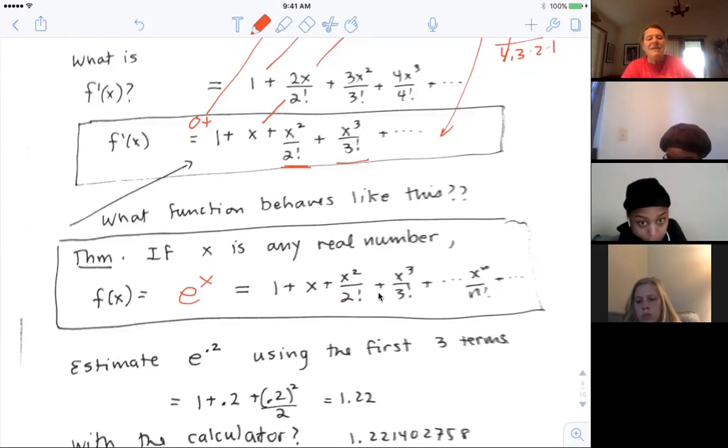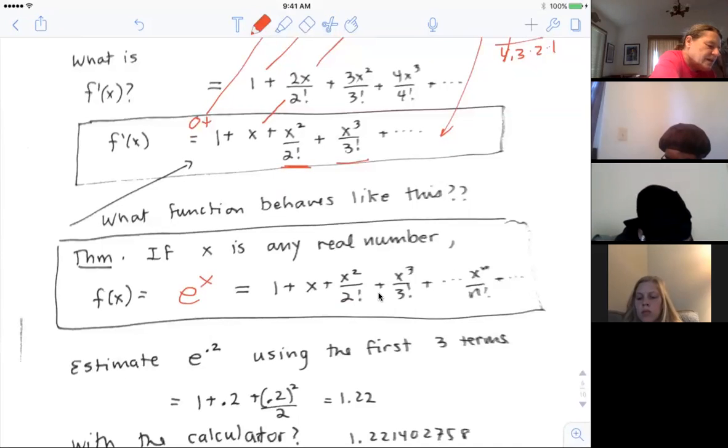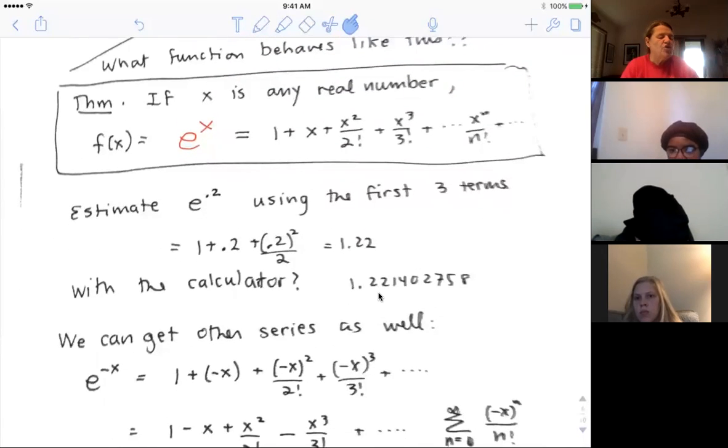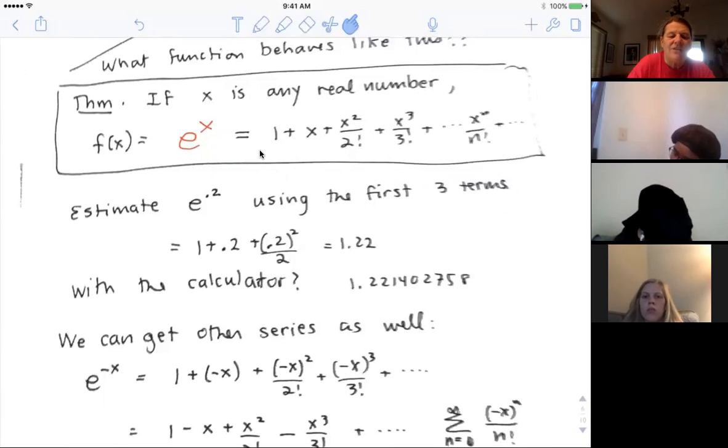Now, pull out your calculator for a minute. Suppose I said I want to estimate e to the 0.2 using the first 3 terms of that series. By the way, I'm going to show you in a minute where this converges. We're going to use a power series ratio test to show you where it converges.